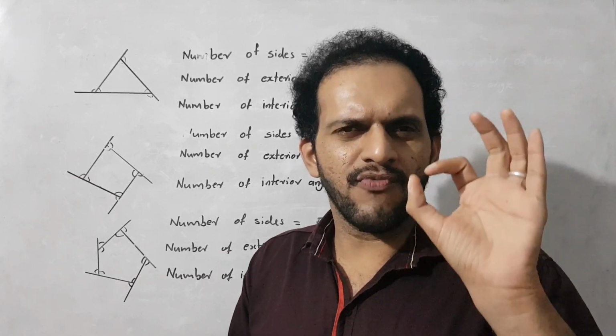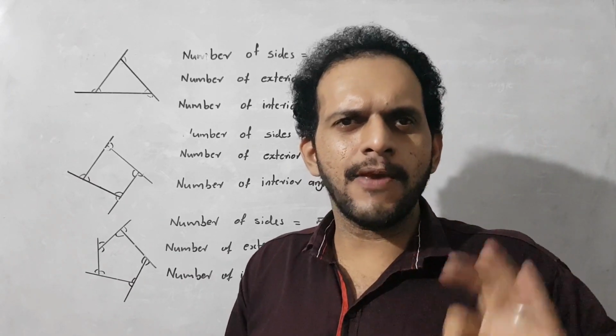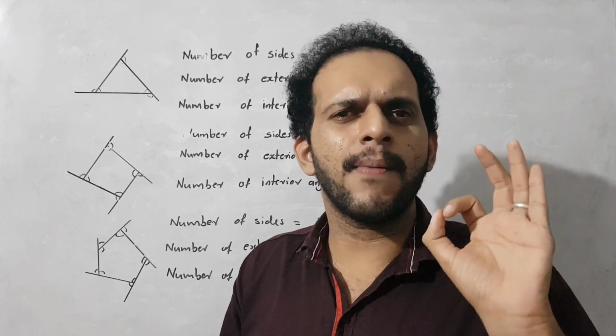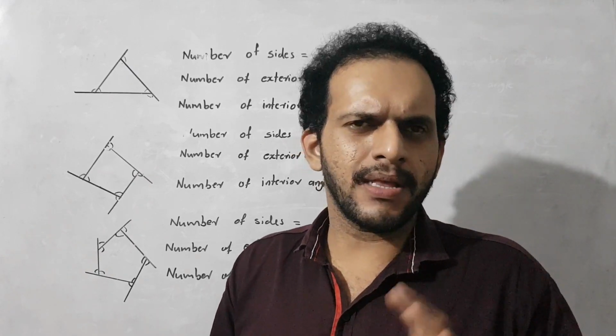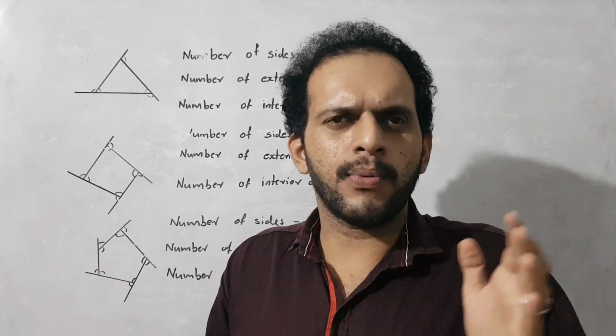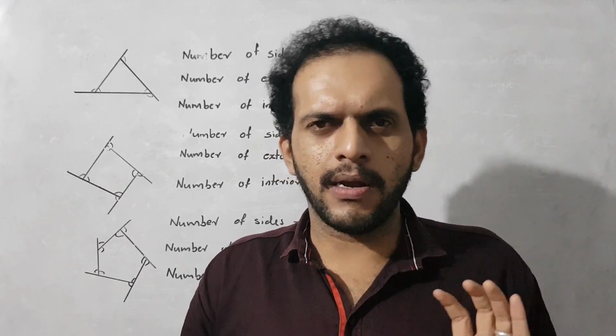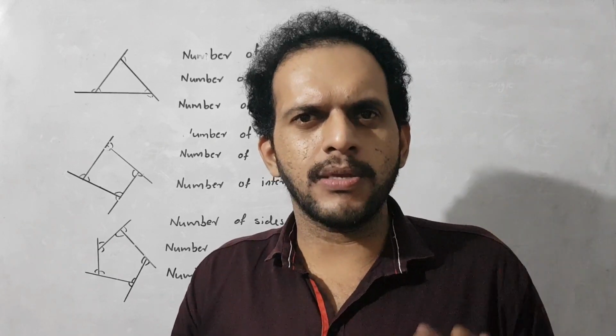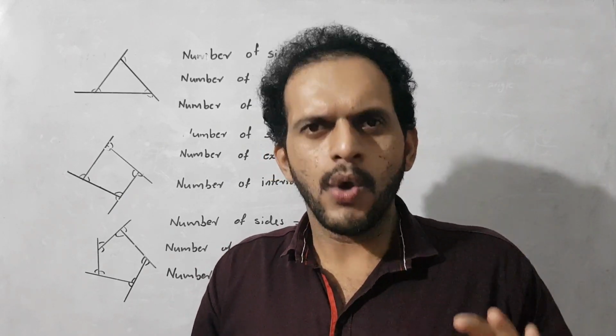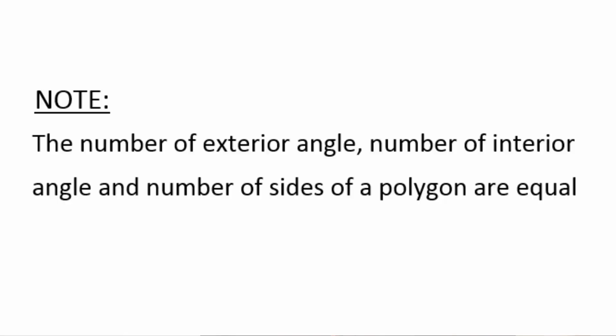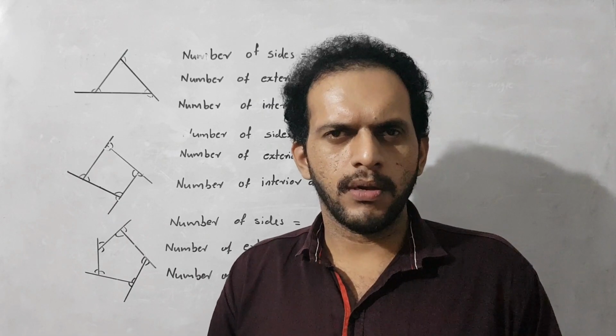That means we generalize the idea like this: if a polygon has n sides, the number of exterior angles is also n, and the number of interior angles is also n. So the number of exterior angles, interior angles and sides of a polygon are equal. Clear? Okay, the next idea.